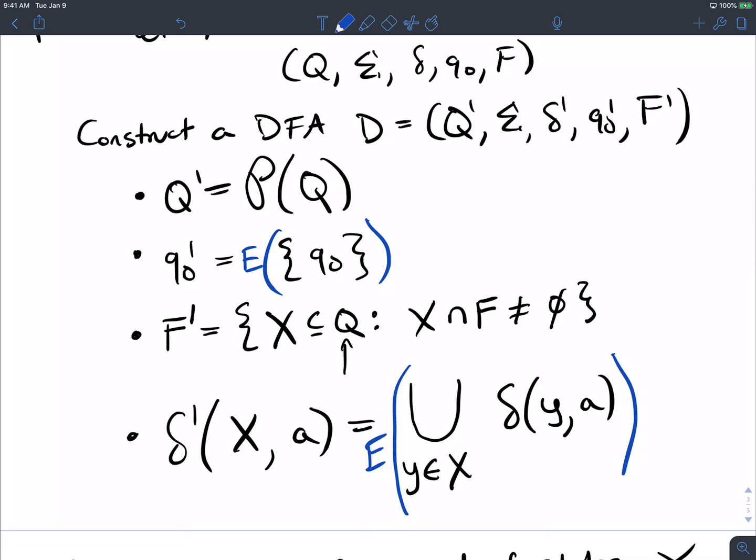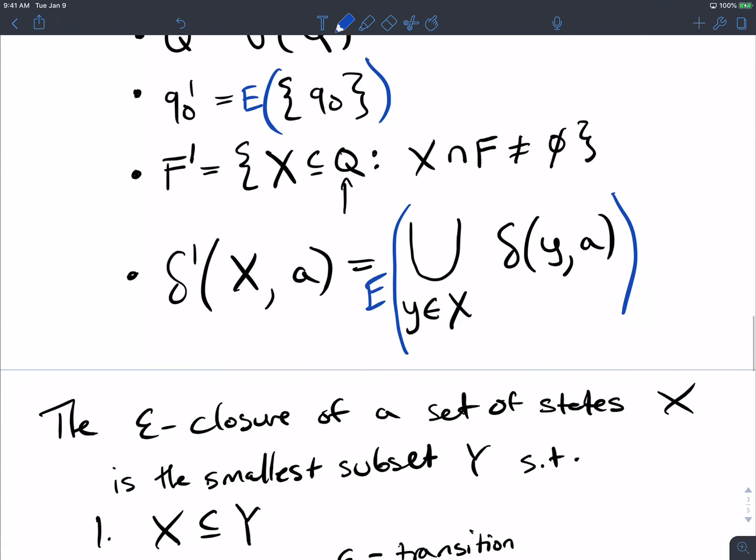And what if we apply epsilon closure on both the first part and then the second order? Oh, so you mean like the X down here? So he's asking, why don't you apply epsilon closure down here? The reason is, if you apply epsilon closure right here, it's not the right order because you're doing epsilon closure first, but it doesn't actually matter.